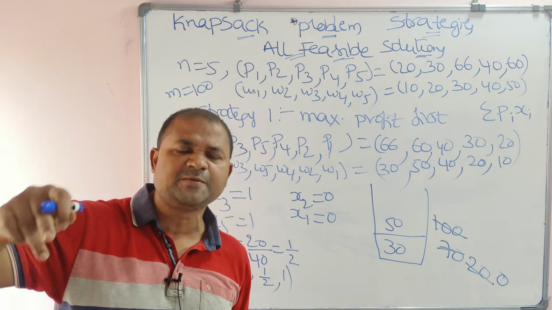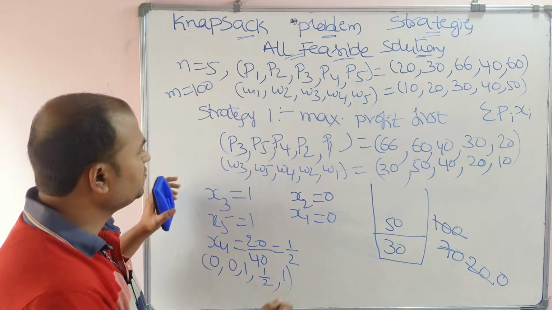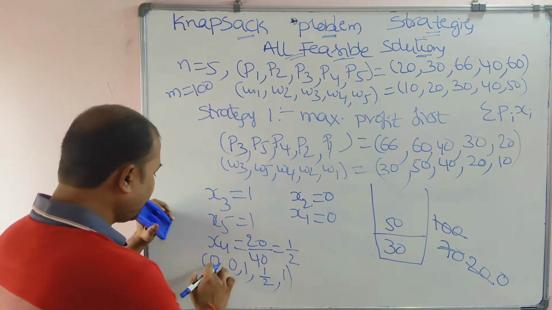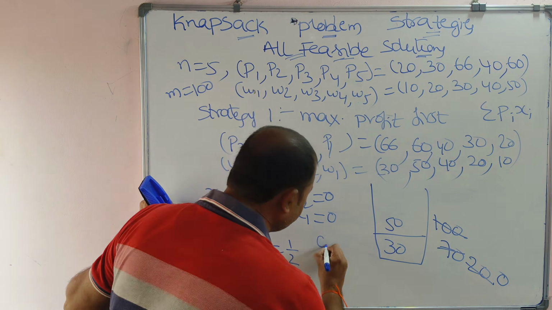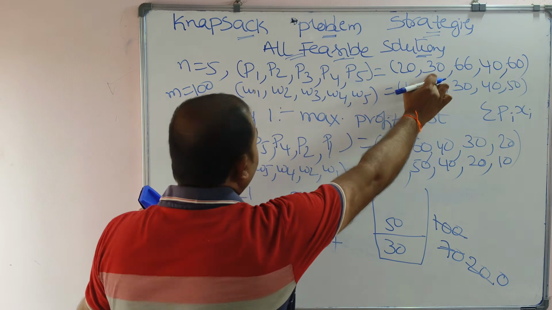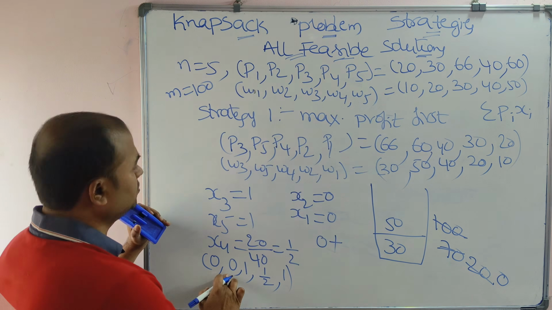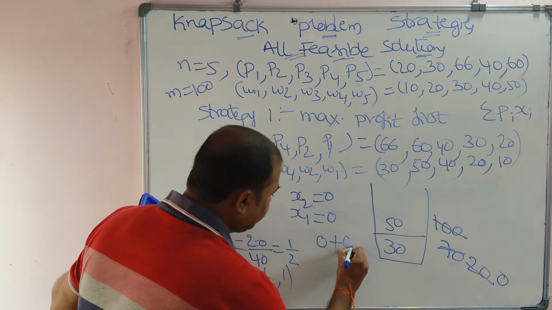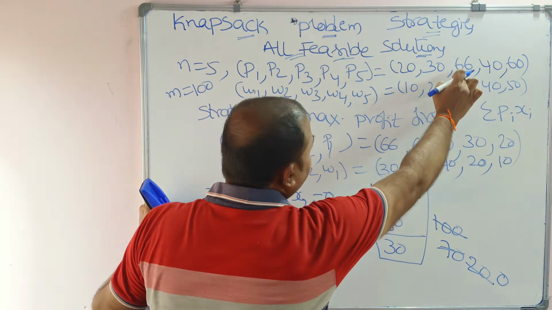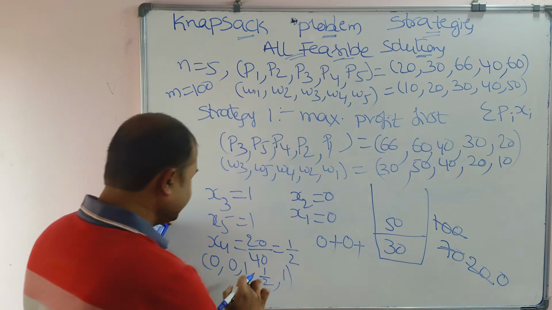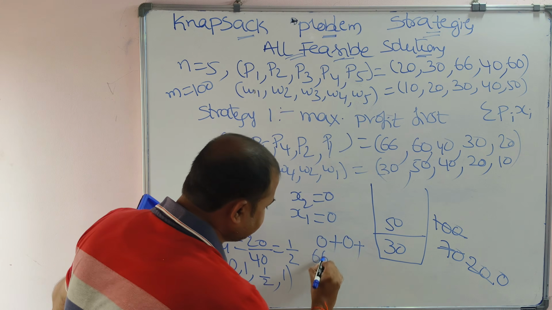So P1 into x1 plus P2 into x2 likewise. What is P1? 20. So 20 into 0 is nothing but 0. Next, what is P2? 30. 30 into x2 is 0. Next, what is P3? 66. 66 into 1, 66.